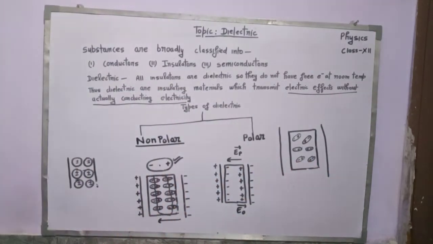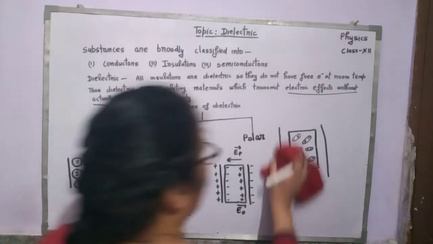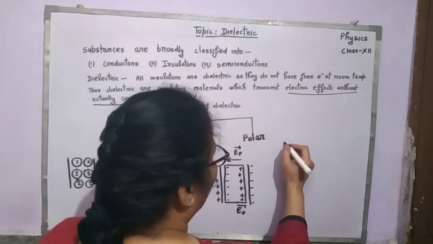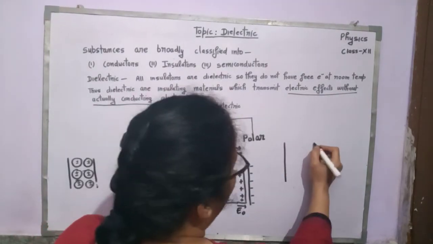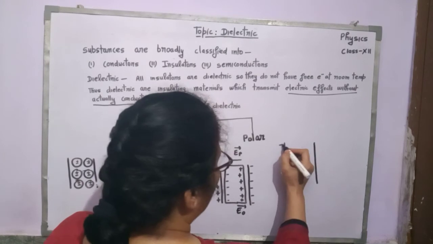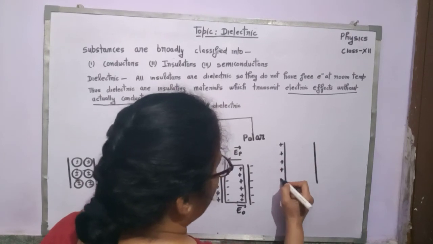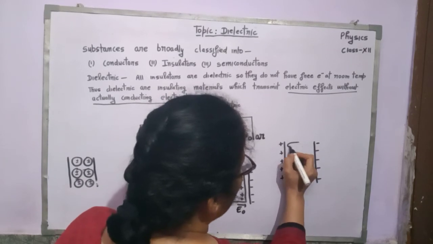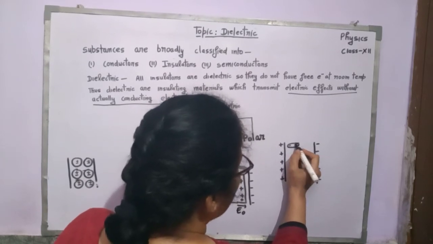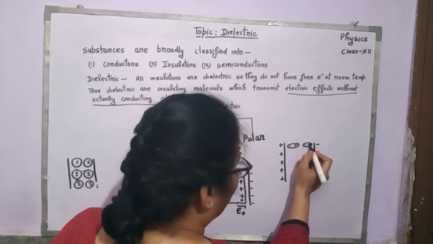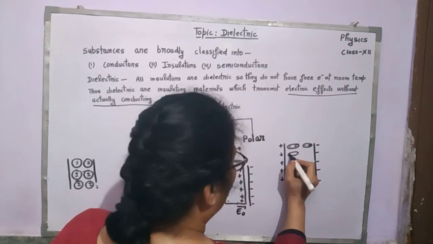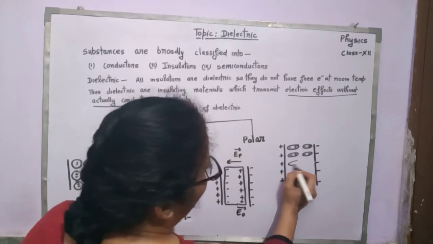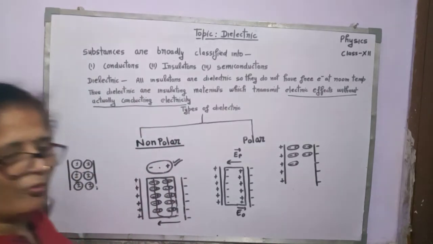What happens when a polar molecule is placed in an external electric field? Only the difference is that this is your positive plate and this is your negative plate. They align in the direction of the electric field in this way. All molecules are polar molecules, but in the absence of the external electric field, they are randomly oriented.